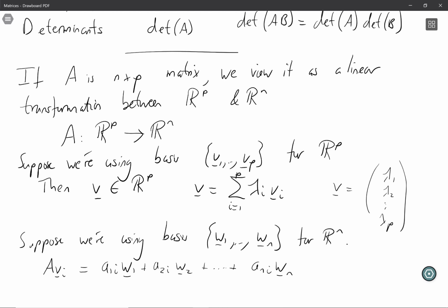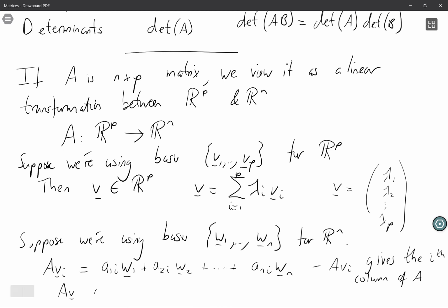Okay. So we think about AVi giving us the ith column of A. Then all we have to do for any arbitrary vector to work out A times V is multiply the matrix A, where the columns are given by these terms, and that will tell us the coordinates of AV in the basis for Rn.